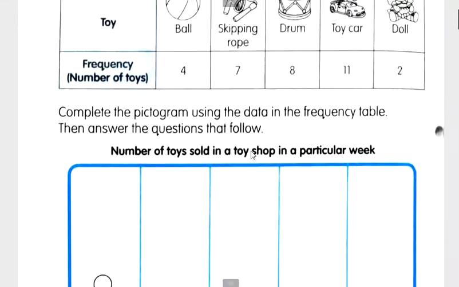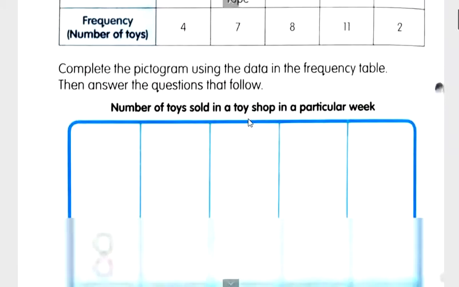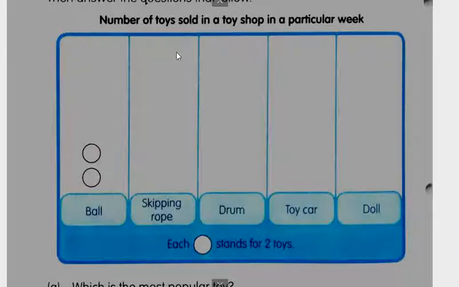Alright, so take a look at skipping rope. There are 7, yeah. Okay, there are 7 skipping rope. Each circle represents 2. If I draw 2 circles, it means we already have 4. And add another circle, we have 6. We need 1 more to get 7, right?